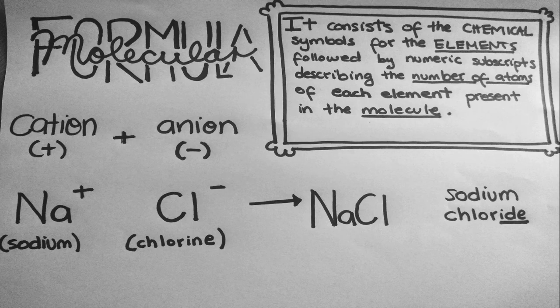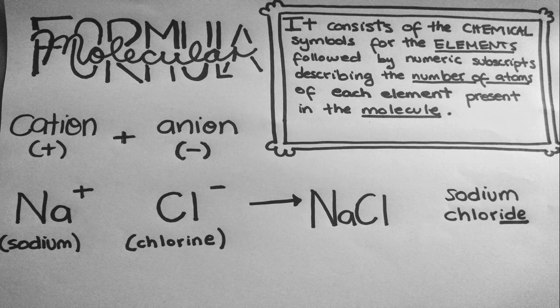Na is for sodium, Cl is for chlorine. And we don't have subscripts here because we only have one atom for each element. We have one atom of sodium and one atom of chlorine, and both compose one molecule of sodium chloride.